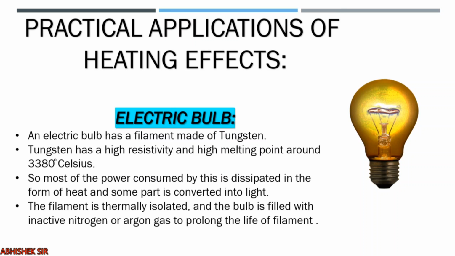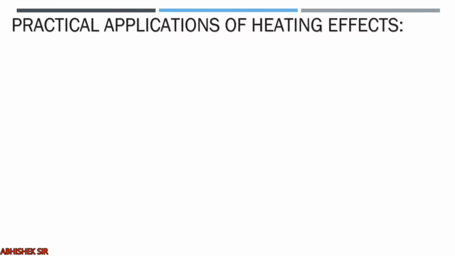So we need to do something for that as well. The filament is thermally isolated because we fill the inside of the bulb with inactive nitrogen or argon gas, right? So what happens? The heat which is produced in the filament doesn't affect the bulb, and it lasts a little bit longer.